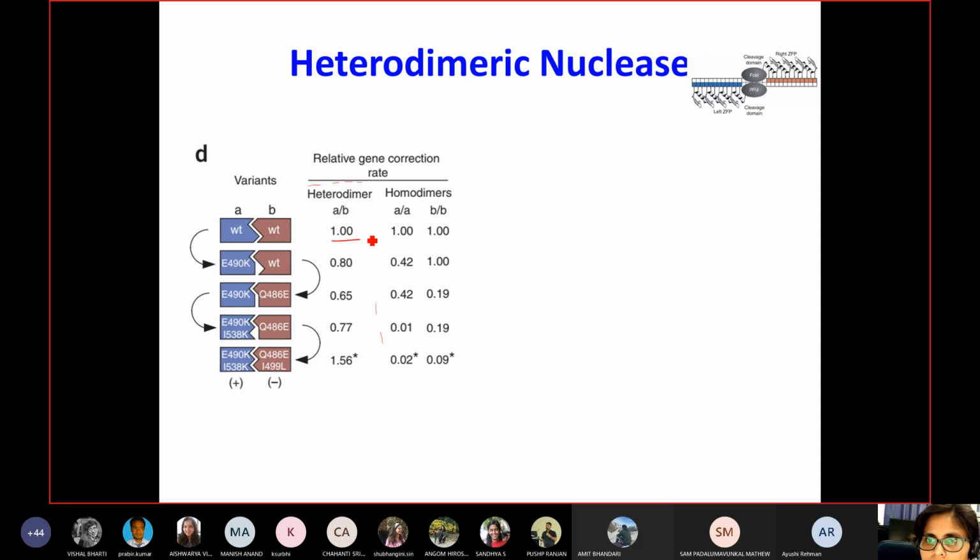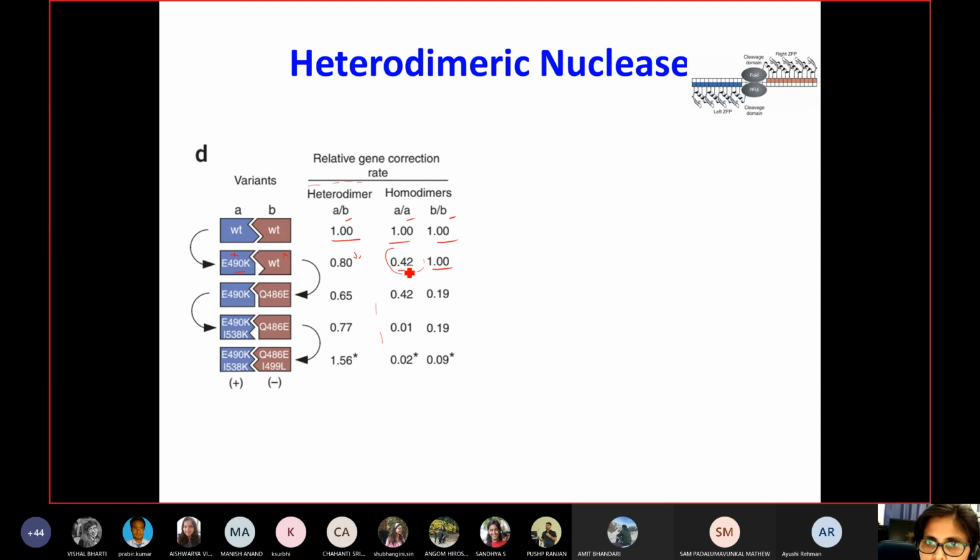So you can consider it as 1 when both heterodimers or homodimers are formed. In this case, when you change only the 490 position, then you have reduced efficiency in heterodimer, but the other residues will not form because you have changed them. Homodimers will not form, but you can still find that homodimers of wild type will be formed.